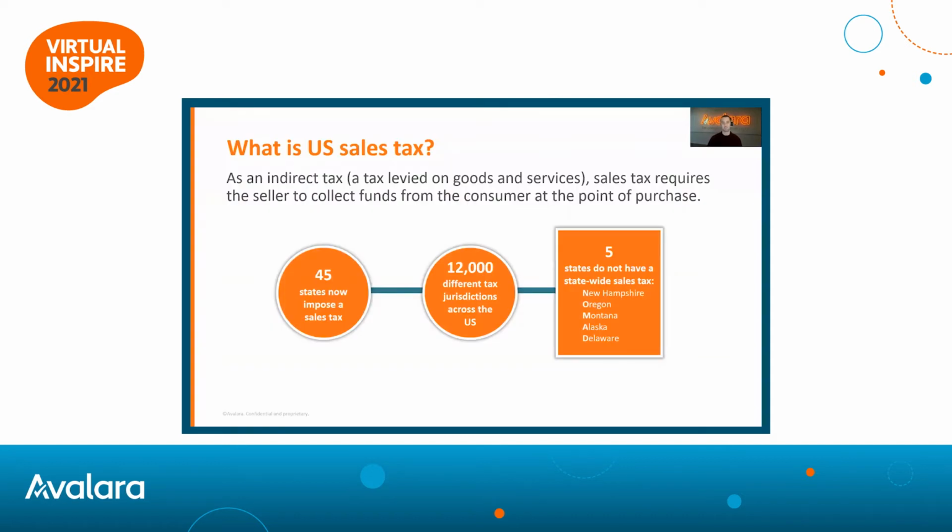Just to reiterate, sales tax is a lot like VAT in the sense that it is a tax levied on the sale of a taxable product or service. The biggest difference between VAT and U.S. sales tax is that sales tax is not levied throughout the supply chain, right? In Europe you've got the concept of input VAT and output VAT.